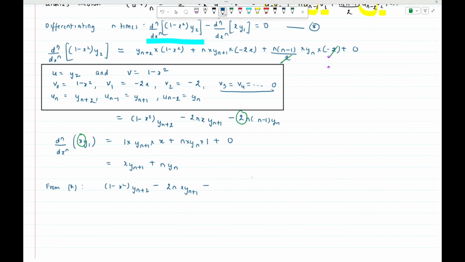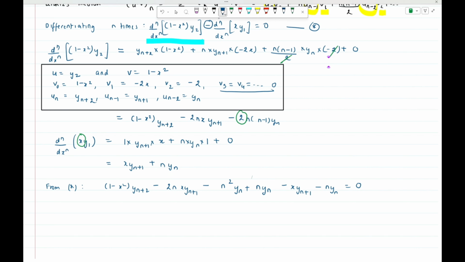So we will just have minus n into n minus 1, and that can be simplified as n square yn plus nyn, and then the other terms come from over here. Please make a note that we have a negative sign here. So this is going to be minus x yn plus 1 minus n yn. On the right we got a 0.